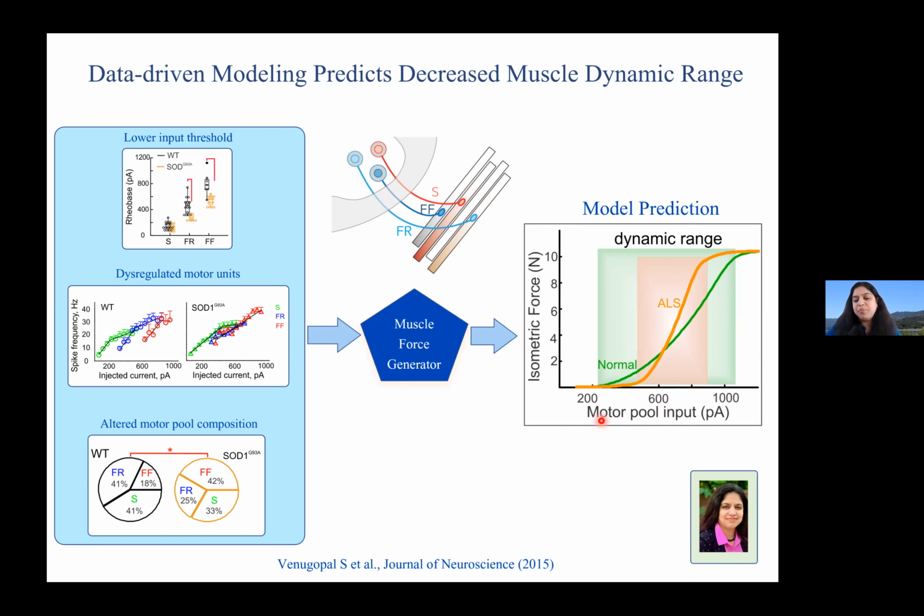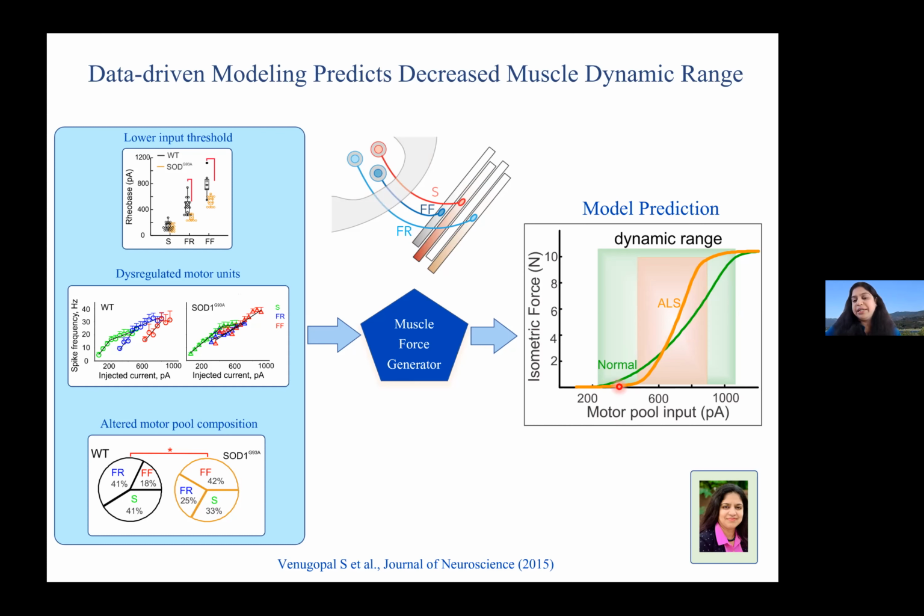Within a pool of motor neurons, as they start to be recruited to generate muscle force, which is on the y-axis here, you can see that there is a difference in the way that the force is generated in what I call a normal versus ALS condition.